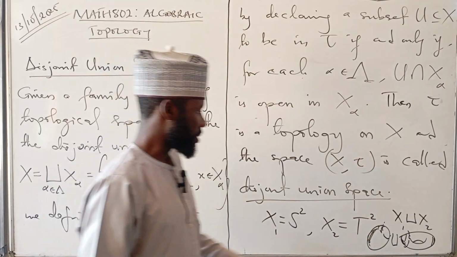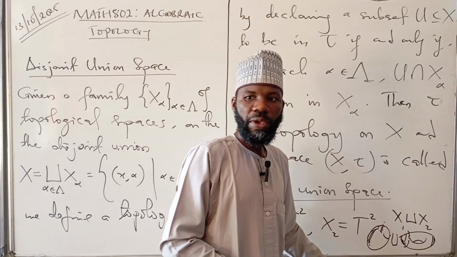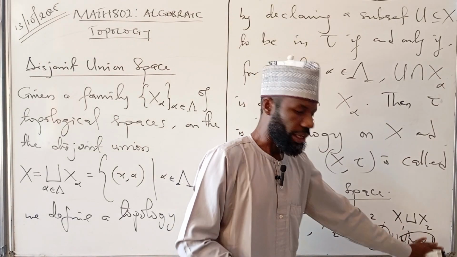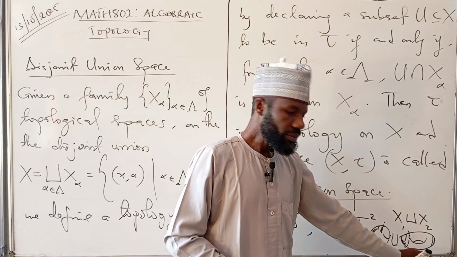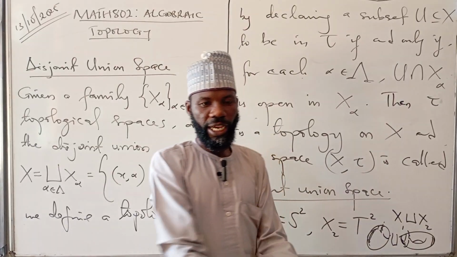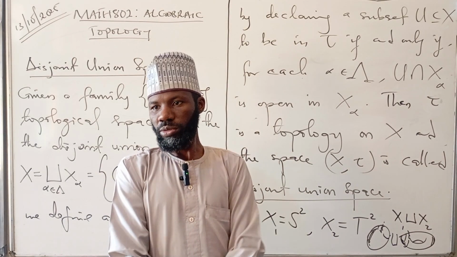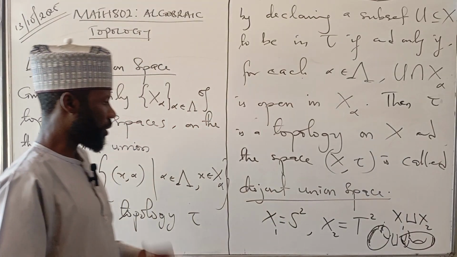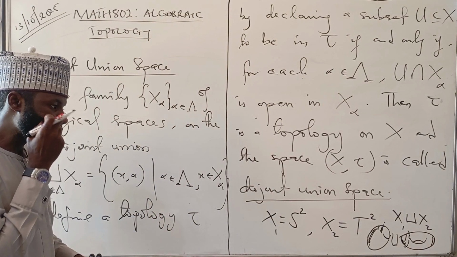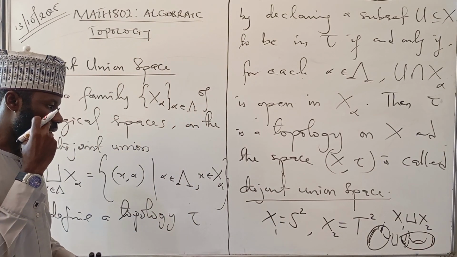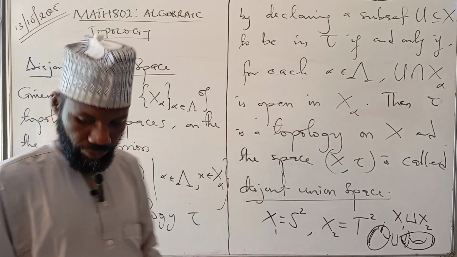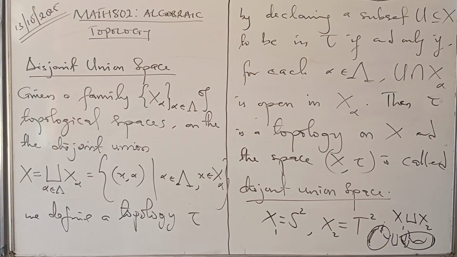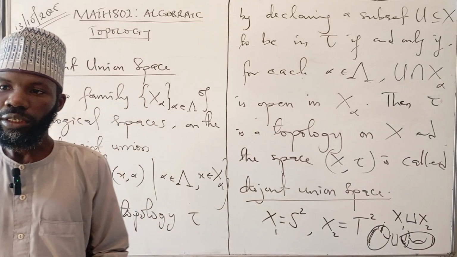So this is just it. So if you put a sphere and a torus side by side together, they form a space. I hope it's okay. So this is what we think of as the disjoint union space. That is the intuition. So with this, we can go ahead to talk about quotient topology.